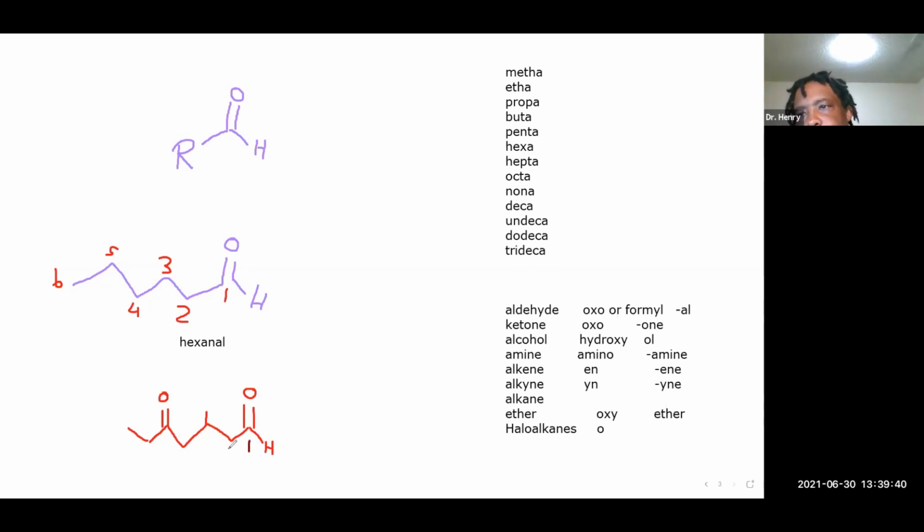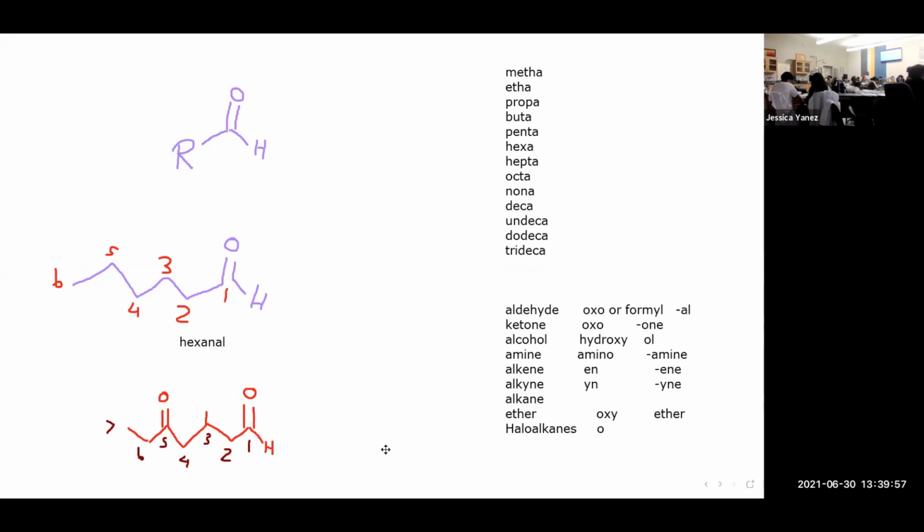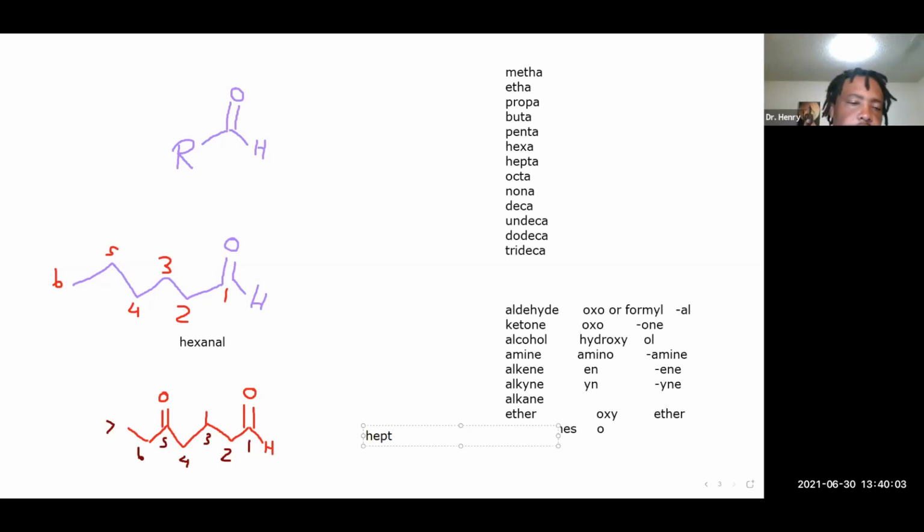So then that'll be 1, this is 2, this is 3, this is 4, this is 5, this is 6, this is 7. Okay, a 7. Hepta. Are there any double bonds in it?